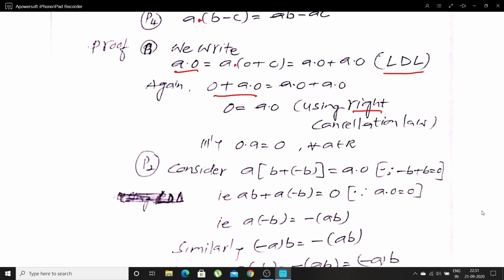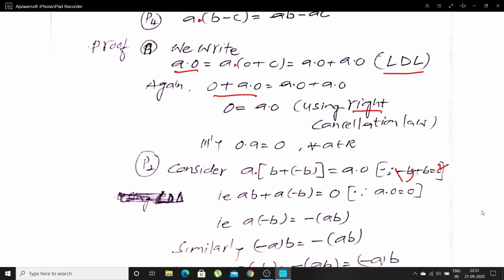Now we'll take the second property. We know that minus b plus b equal to 0, or b plus of minus b equal to 0. I'll write 0 as b plus of minus b. Let me consider a dot of b plus of minus b.